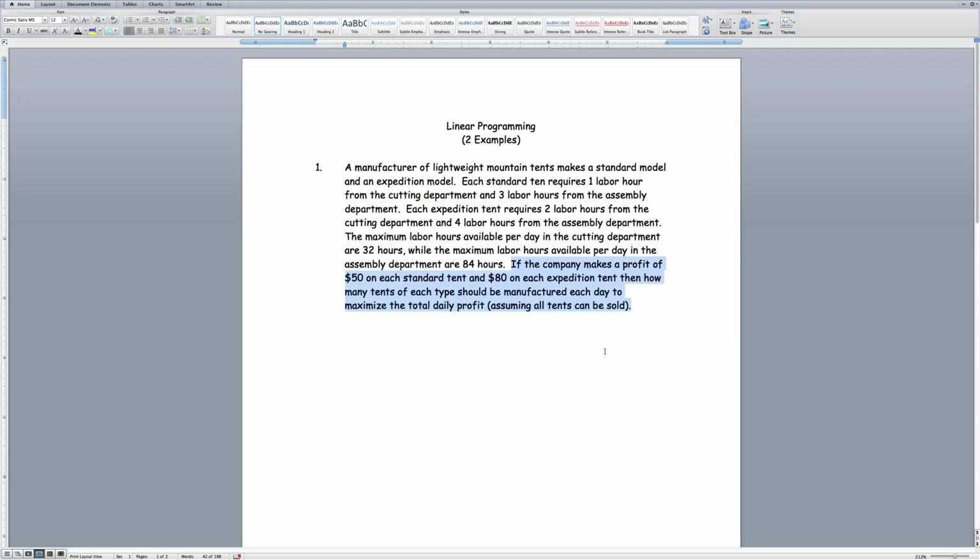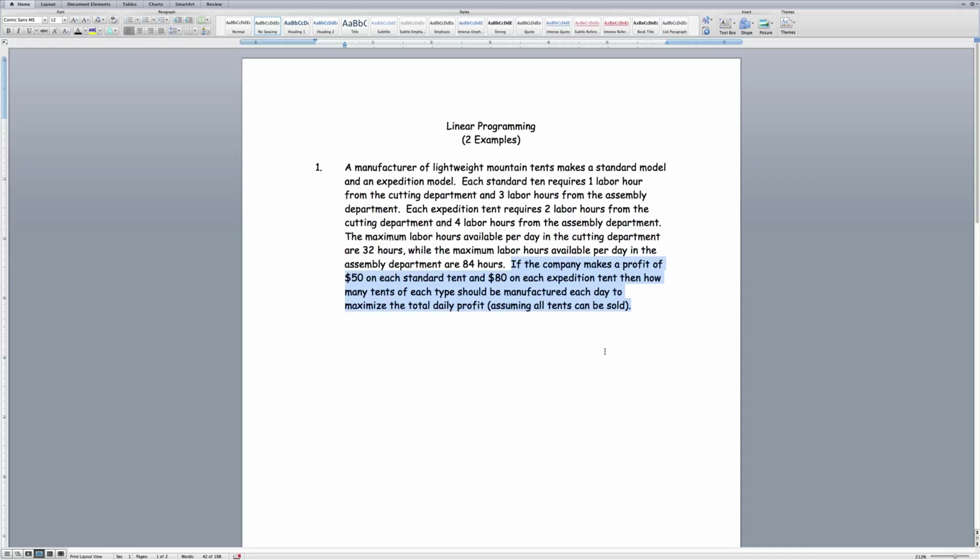So guys, right off the bat, I know that my objective function is going to be a function of how many units of each tent that I sell.